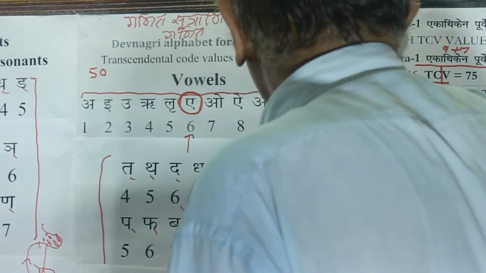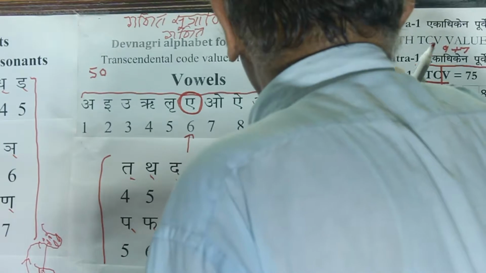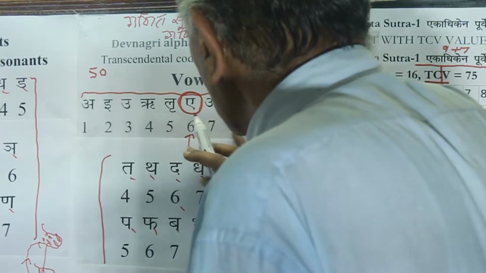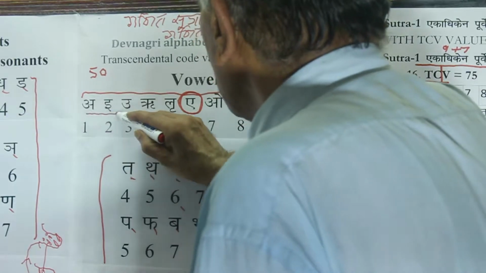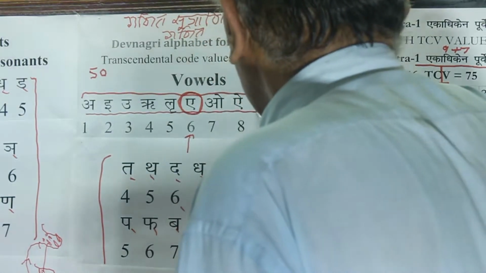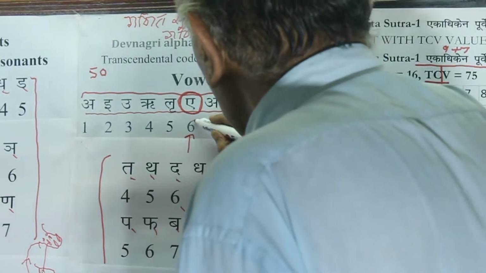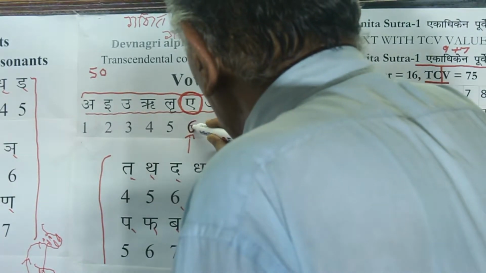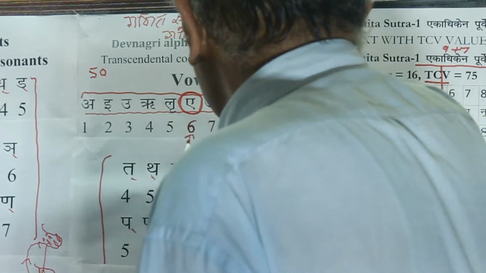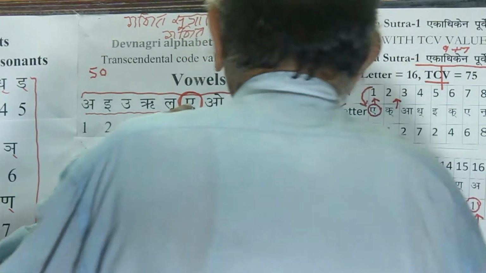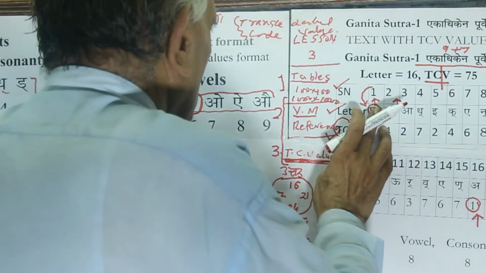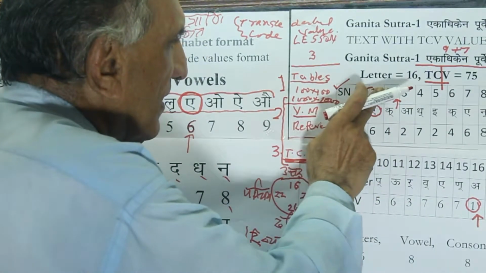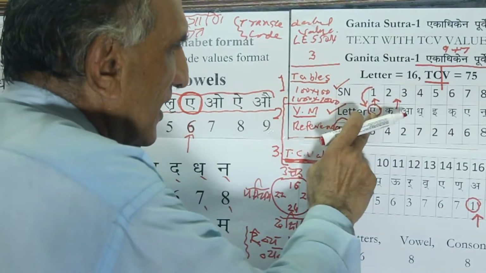Therefore, as the first letter A of Ekadhikena Purvena is of 6th placement in the organization of 9 vowels, the association of value 6 with it gives us the transcendental code value for this first letter.